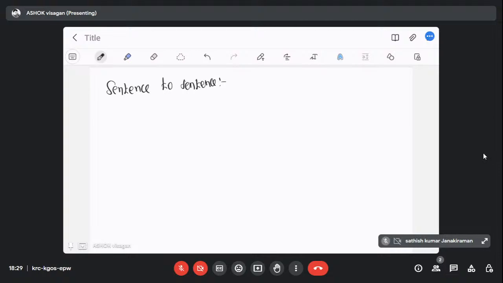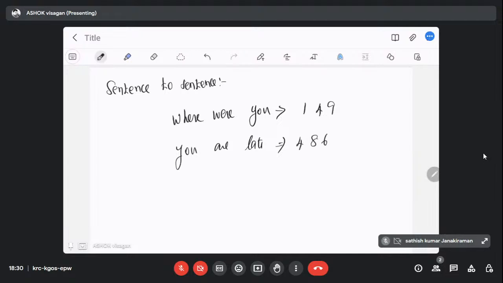For example, where were you is coded as 149. You are late is coded as 486.